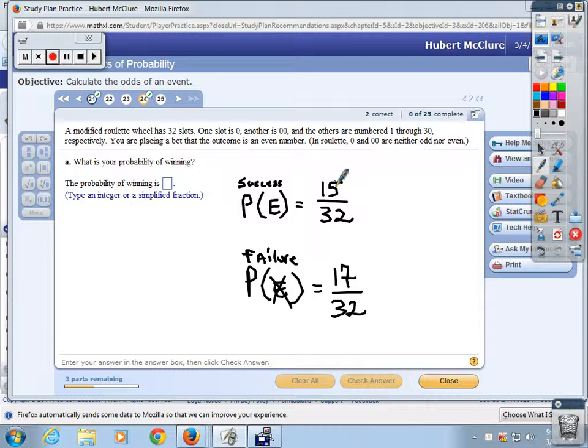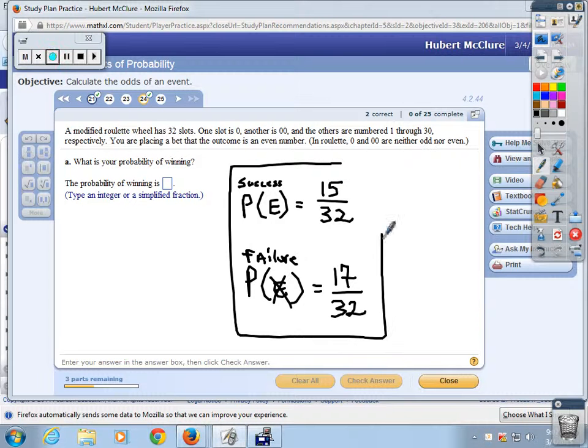Remember that, and that's where people get the question wrong. Now, leave this in fraction form, because you just found out the probability of winning is 15 over 32. So you would type in 15 over 32 right here. The second part of the question is going to ask you for the odds against.